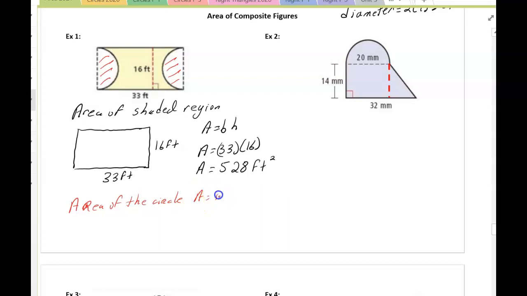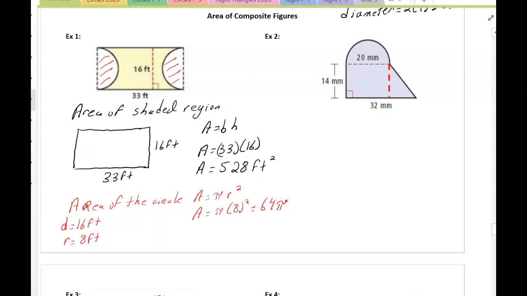So the area of a circle is pi times the radius squared. Looking at that diagram, the diameter is 16 feet. Divide by 2, the radius is going to be 8 feet.